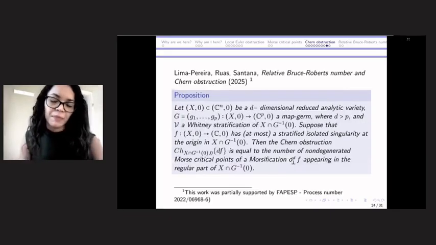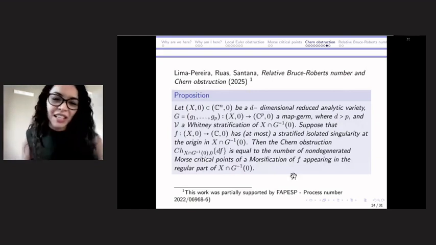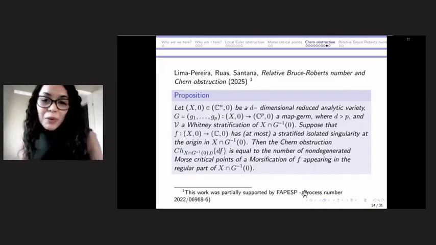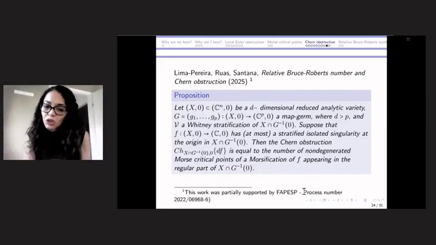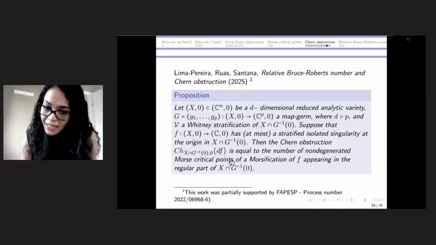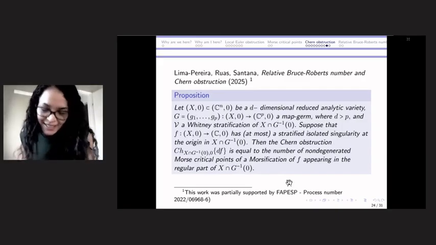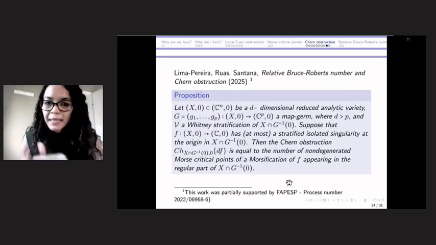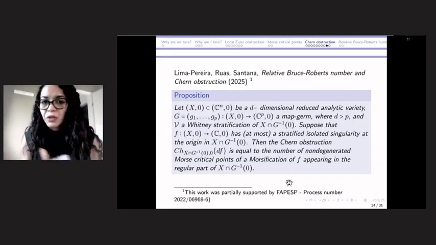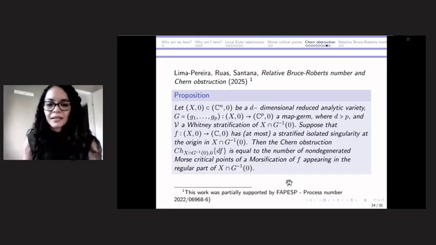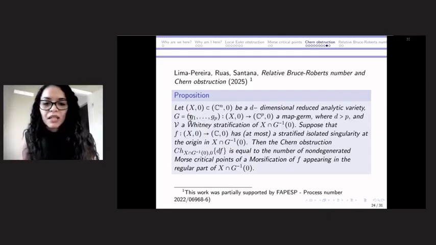Of course, just to mention, it seems like you change from 1 to p functions, but it's not just that, right? Once you have several functions and you want to do these types of slices and count critical points and singularities, you need to control somehow the way these singularities behave with respect to each other, the singularities of one function relative to the other. So here we are asking f to have a stratified isolated singularity, but we are not asking this for f1 to gp.